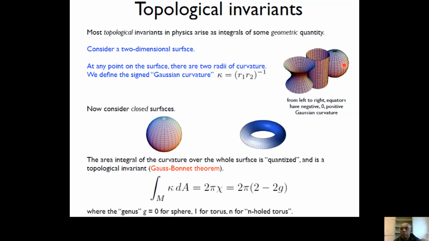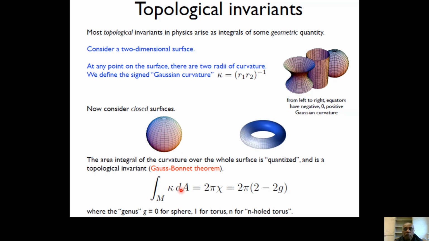So those are open surfaces, right? Now if you look at closed surfaces like this one, and this is also a closed surface, if you want to find the curvature, we have to look at the integral of some geometrical quantity.